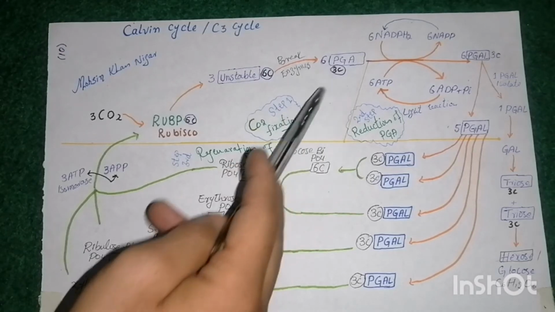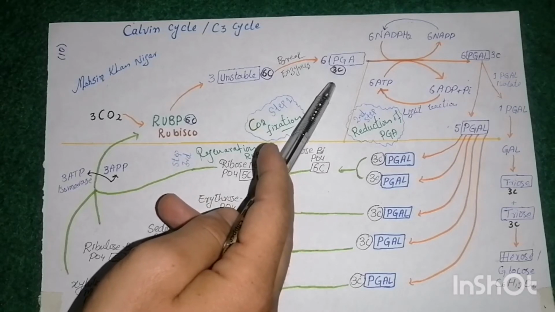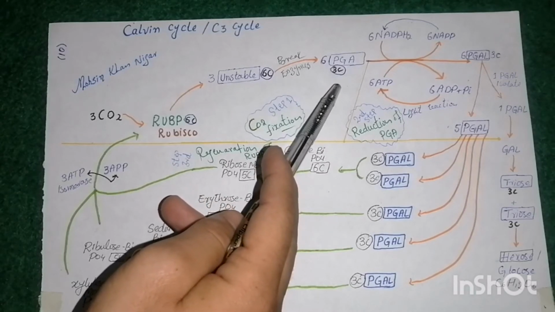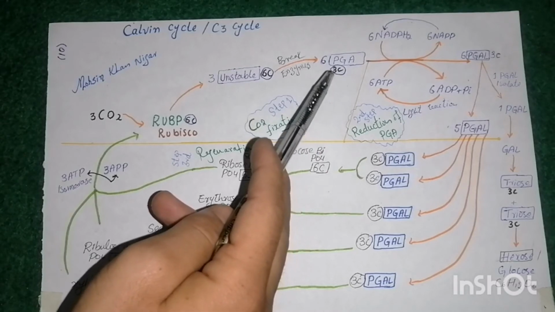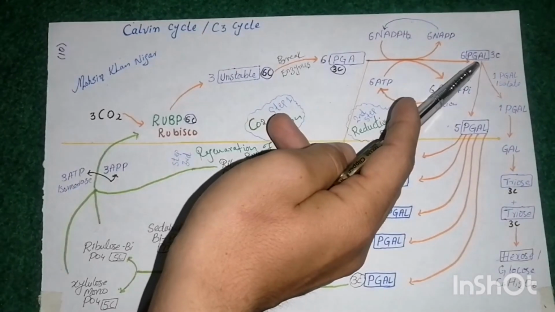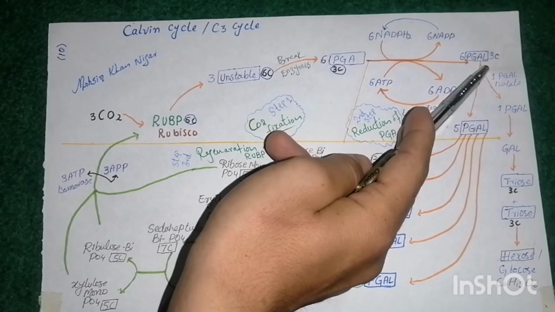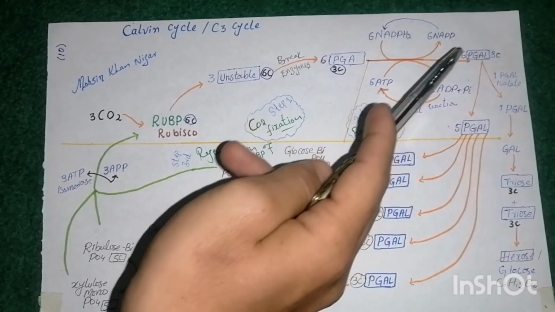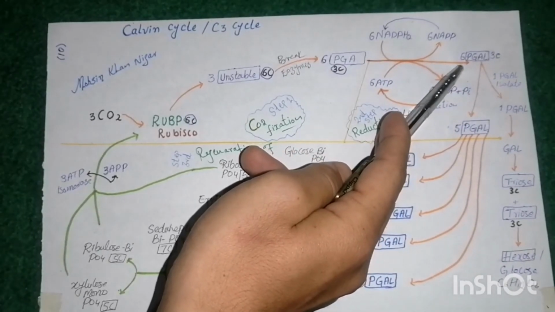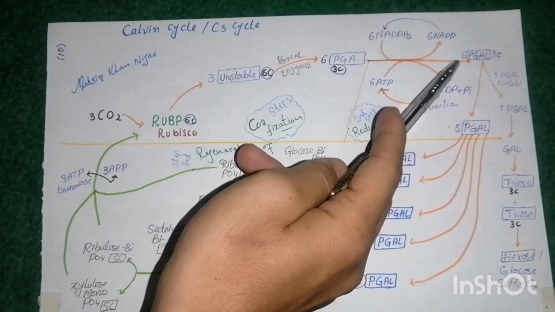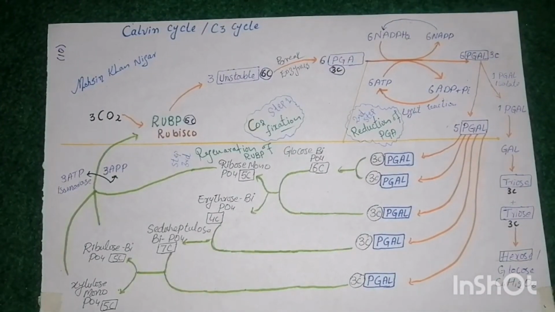So PGA reacts with the products of the light reaction with the help of an enzyme to produce 6 molecules of glyceraldehyde phosphate, 6 molecules of PGAL, which is a 3 carbon compound. PGAL is abbreviated from phosphoglyceraldehyde or glyceraldehyde 3 phosphate.